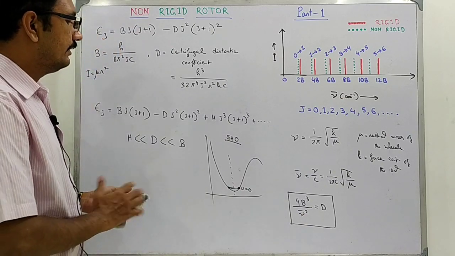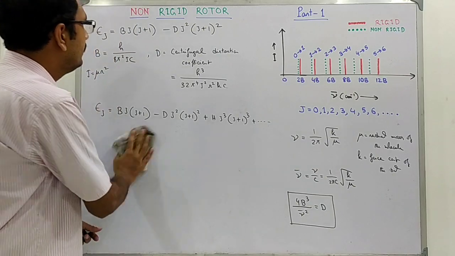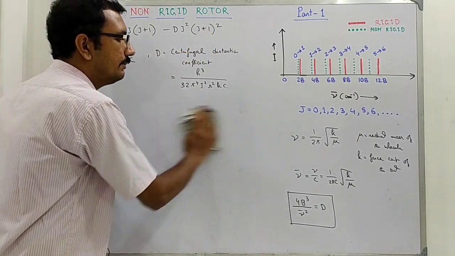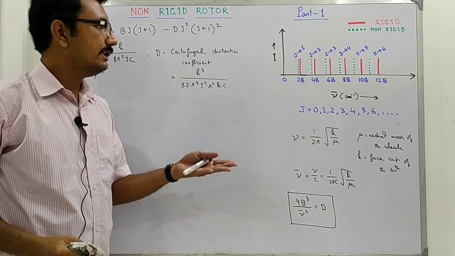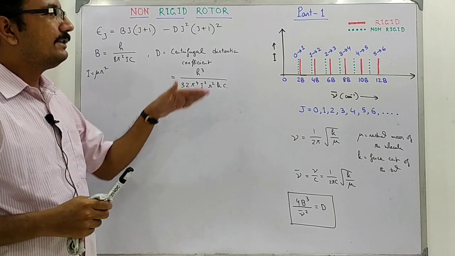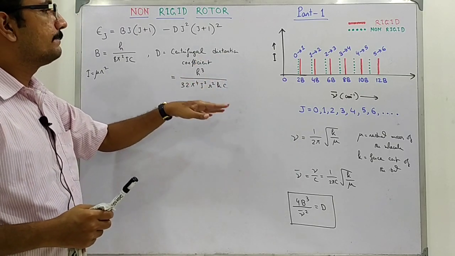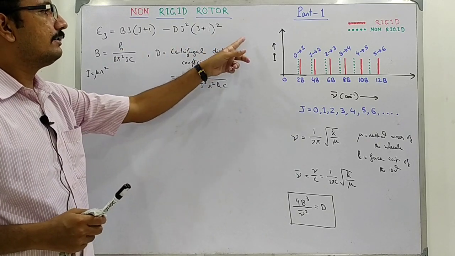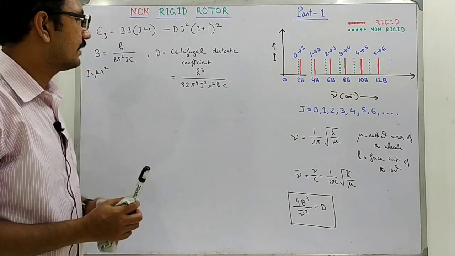So, we will continue with this expression, and I have told you just now that even modern spectroscopic machines give data which are satisfied to a good agreement by this equation. The third term you need not consider.